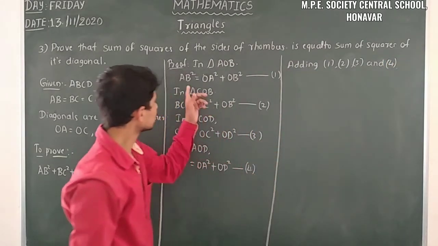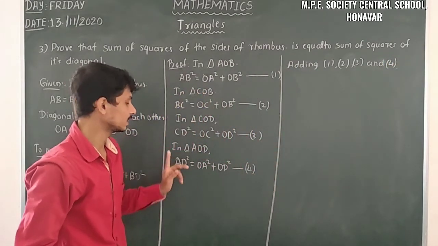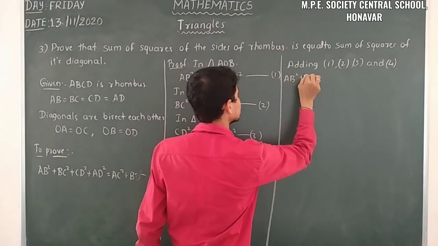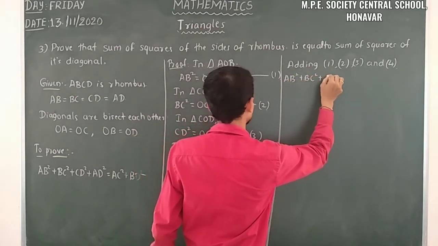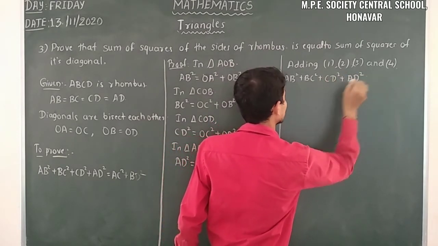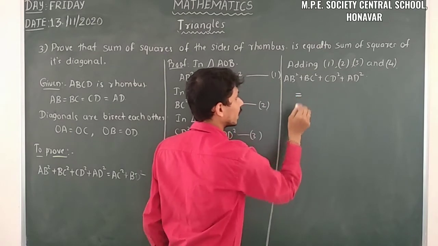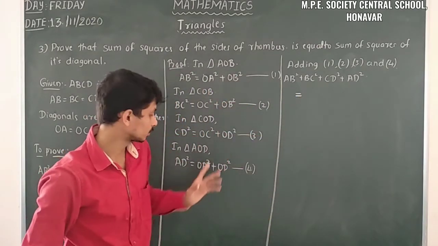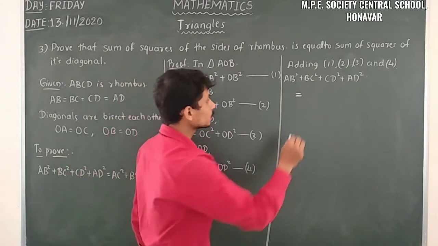So let's take that one firstly. AB square plus BC square plus CD square plus AD square is equal to, I will write the equal to here only, as there is no space here. OA square plus OB square.